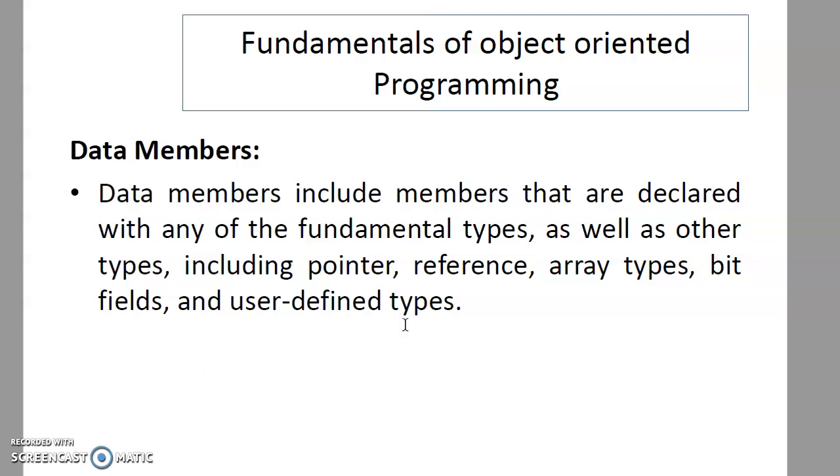They can be declared as fundamental types or any other user-defined types. These are the different data members present in the class, and they are basically the variables of the class.